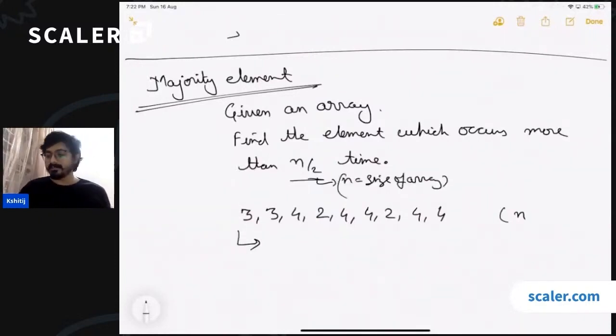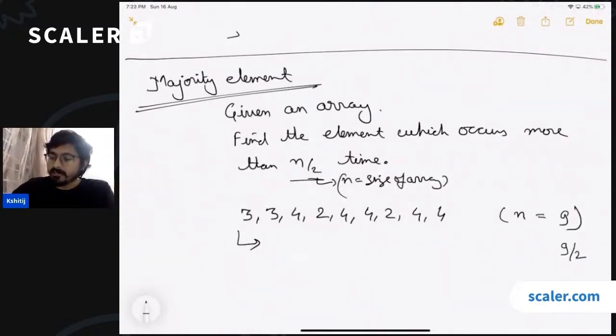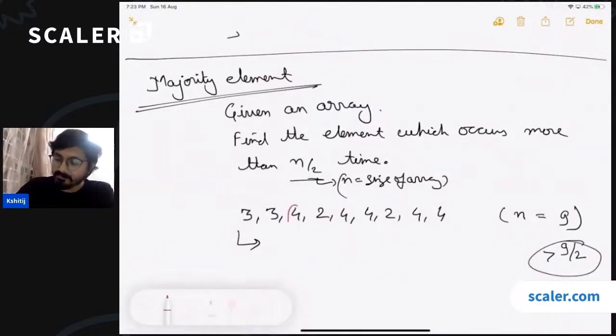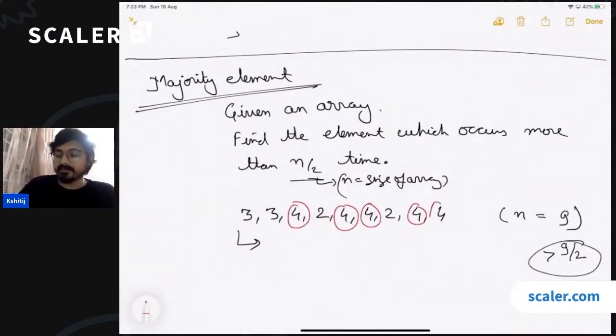What is the size of the array in this case? 9. Now, which element occurs more than 9 by 2 times? Correct. The majority element in this case is 4, because 4 occurs 5 times.